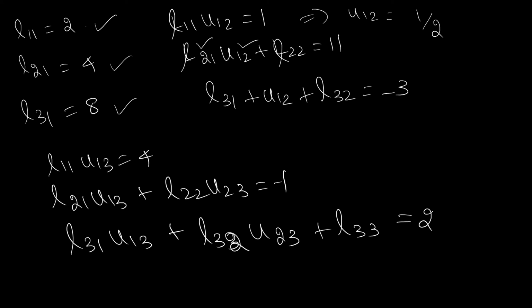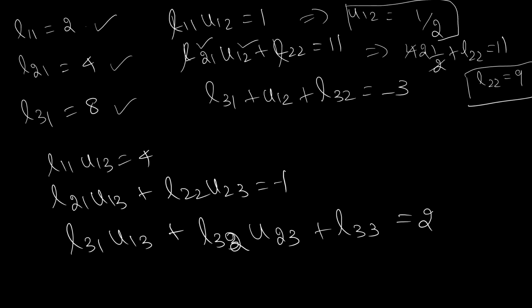This is 4, this is 1 by 2. So which implies 4 into 1 by 2 plus L22 is equal to 11. If I cancel this, what will I get? L22 is equal to 11 minus 2, that is nothing but 9. So I got L22. Similarly, we are going to find all the other values.